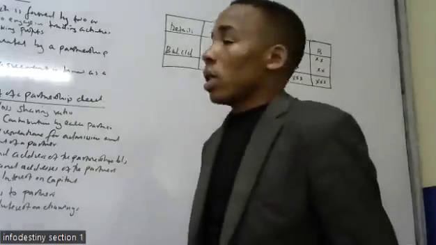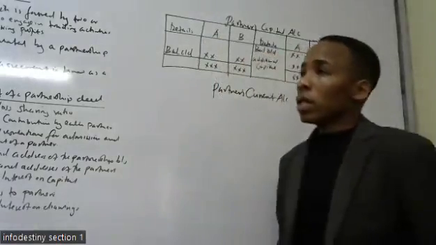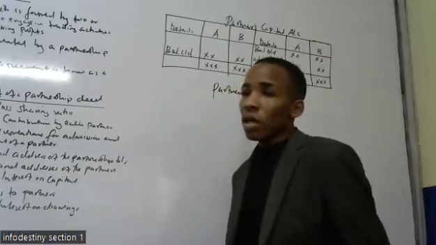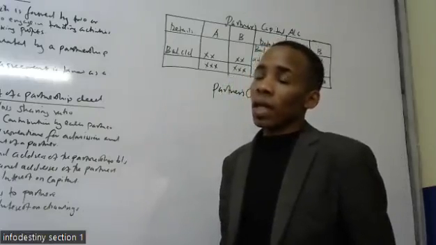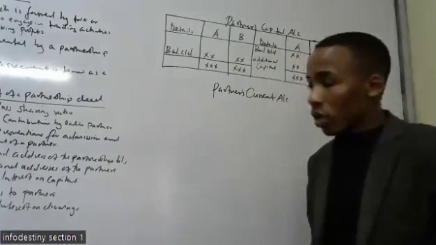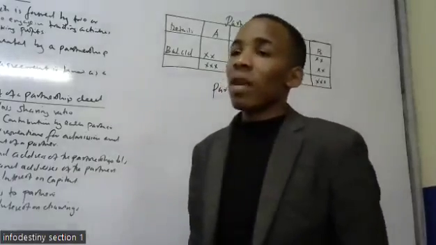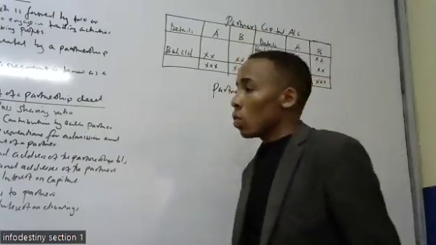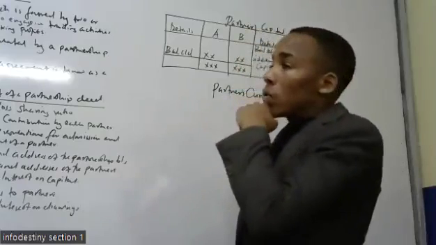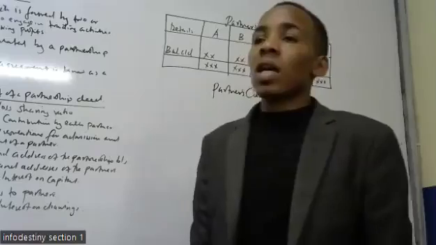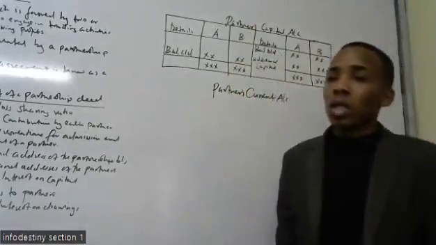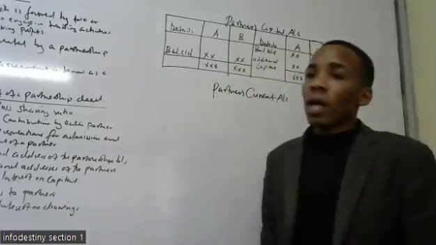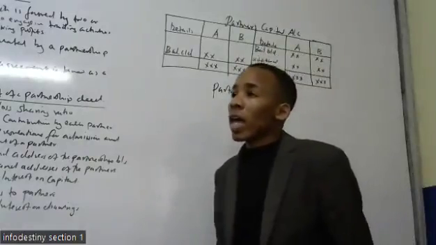Another point, write and say that it is debited with the items which reduce the benefits which go to the partners, e.g. drawings, interest on drawings, and loss share.